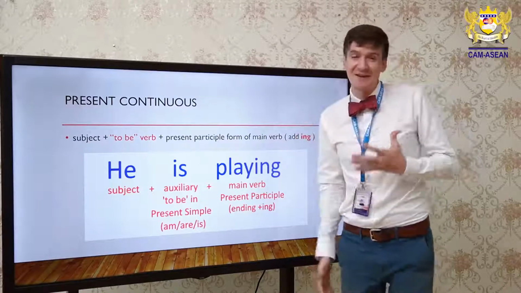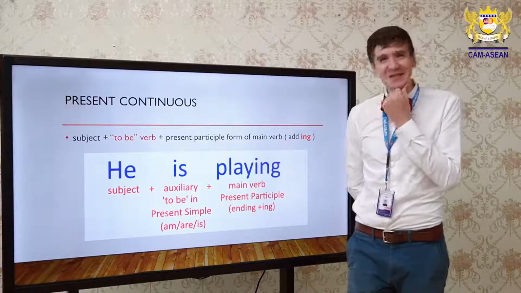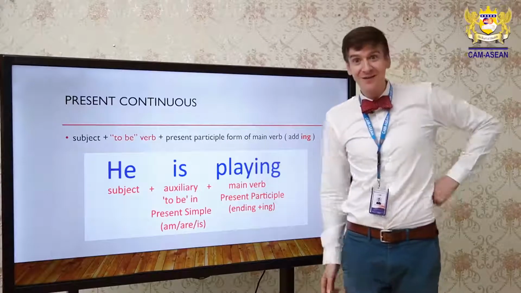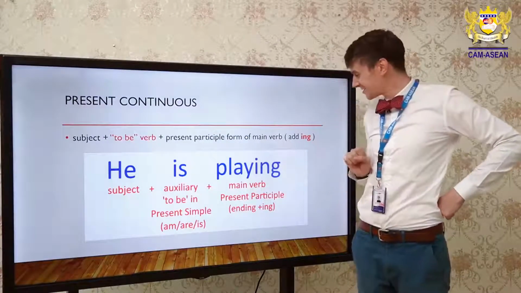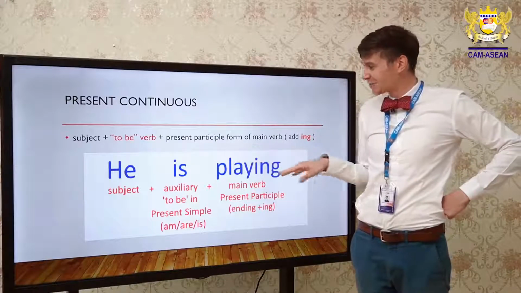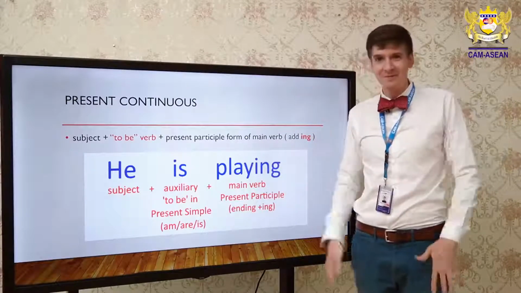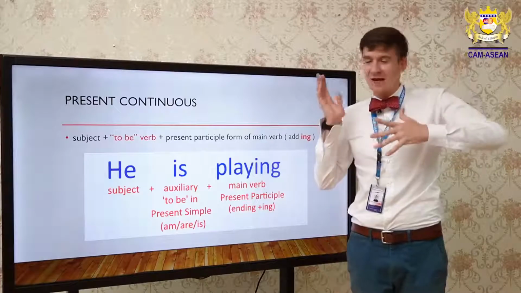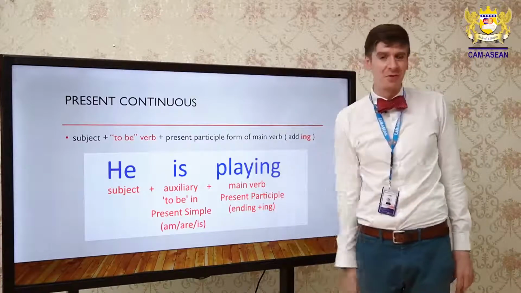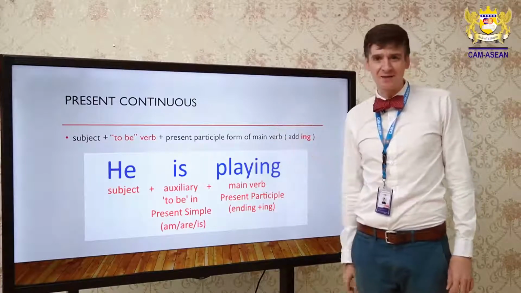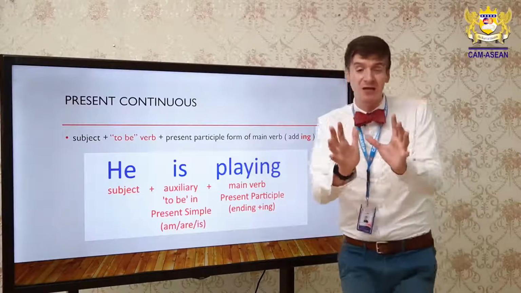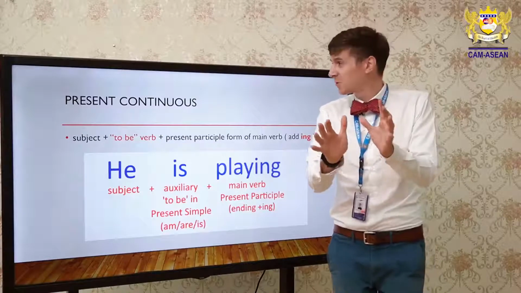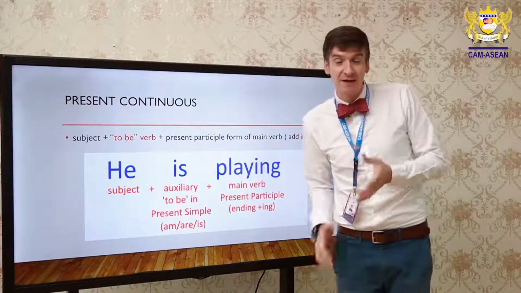And again, what does present continuous look like? Well, ing. That's our signal. Playing. He is playing. Every sentence needs a subject and a verb. We got it. He is playing. Present continuous. That's what it looks like.